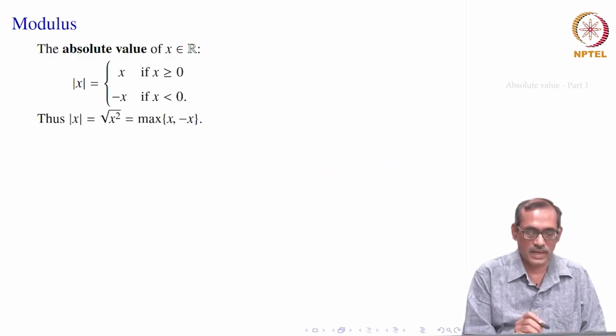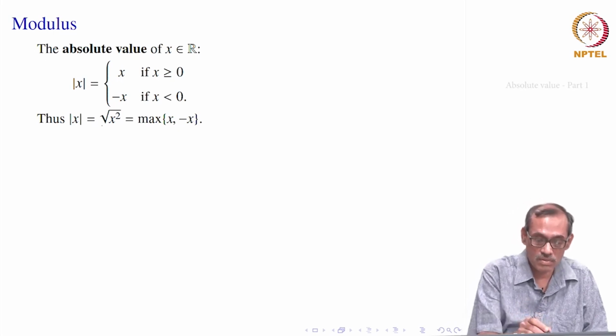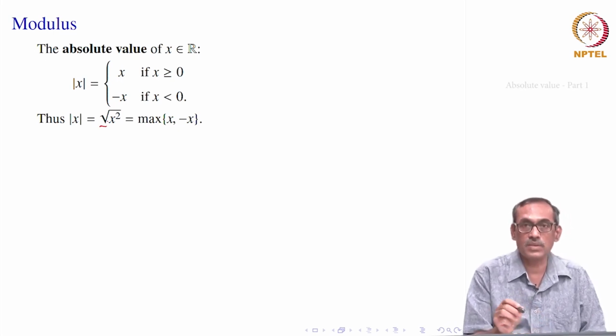For example, we can write mod x equal to square root of x square. Whenever we have this square root symbol, it is always the non-negative square root, because for x square, for example 9, its square root can be 3 or minus 3, but this square root symbol says you have to take the non-negative value. If it is 0, you take 0 anyway. If it is positive, then the result should be positive.